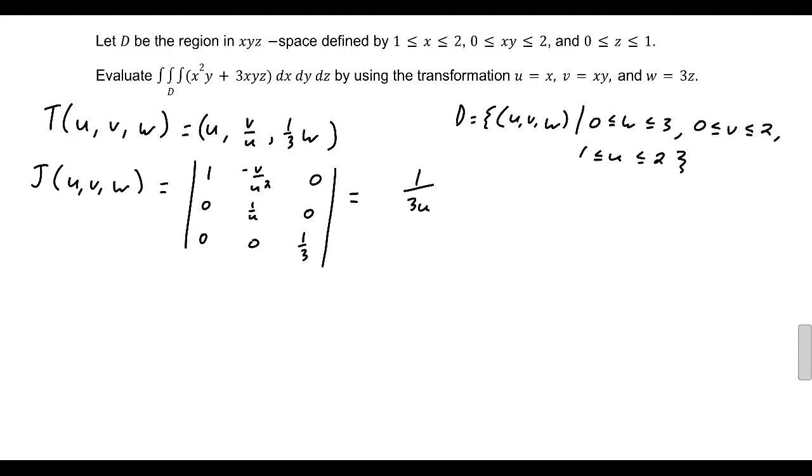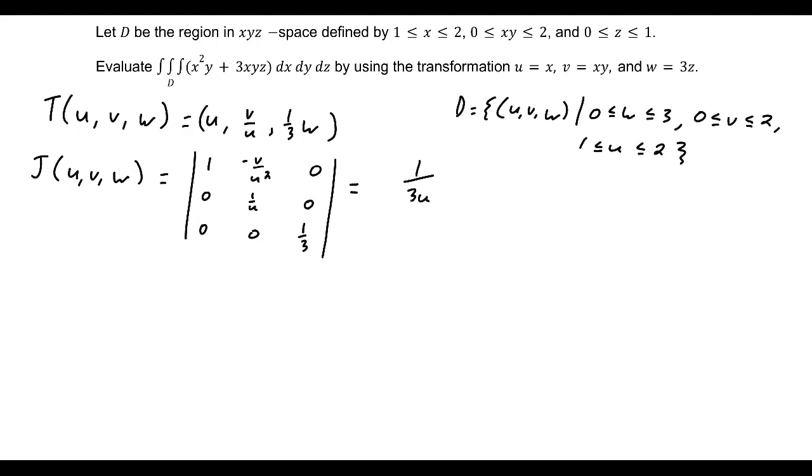Now that will set up our integral as being the triple integral. The outermost integral is from 0 to 3 with respect to w, of the integral from 0 to 2 with respect to v, of the integral from 1 to 2 with respect to u, of the function 1 over 3u times (uv plus vw).